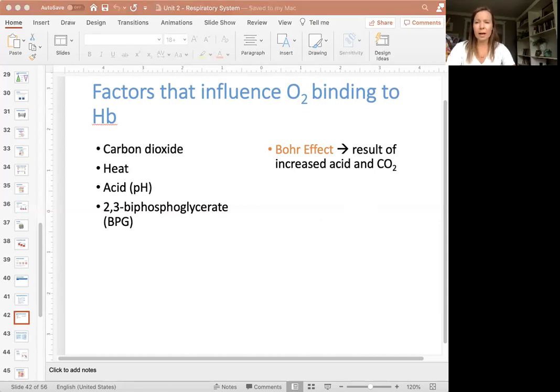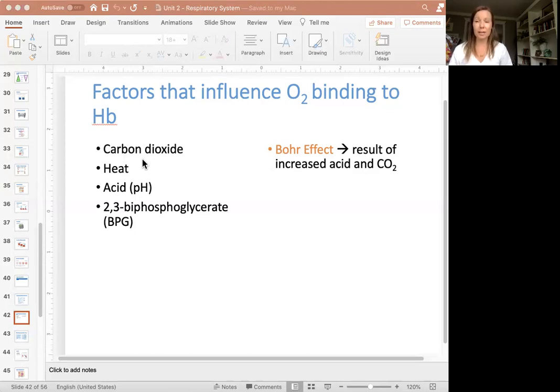Whenever you have a tissue that is very metabolically active, that tissue is going to produce more of these four substances. So if you have a muscle tissue, for example, that is very active, it's going to produce a lot of these four things. And as a result, it's going to cause a lot of oxygen to break off of hemoglobin and to enter that tissue.